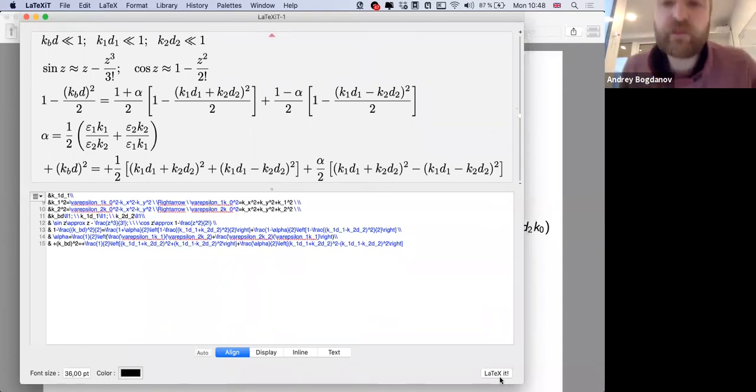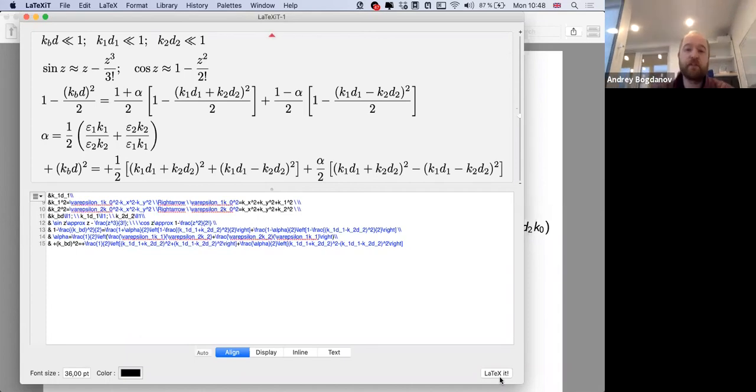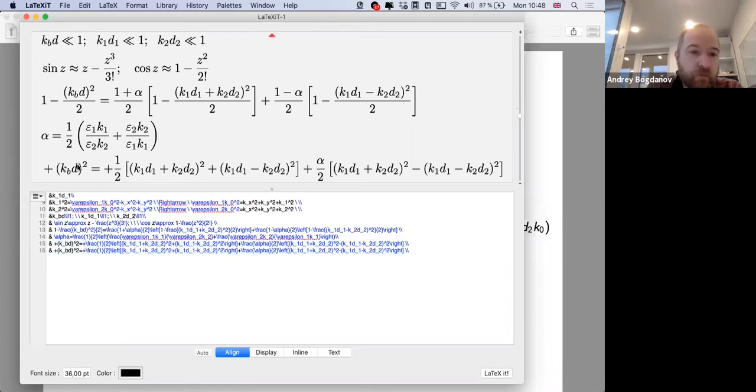But I definitely can simplify this expression, yes? So the first term is okay. This term, let me have a look. This is okay.